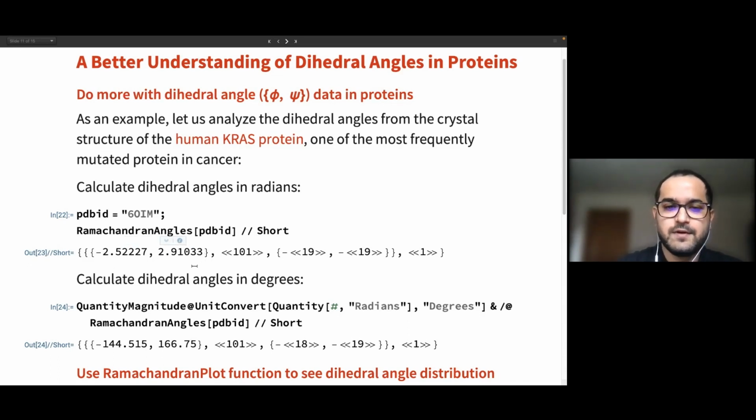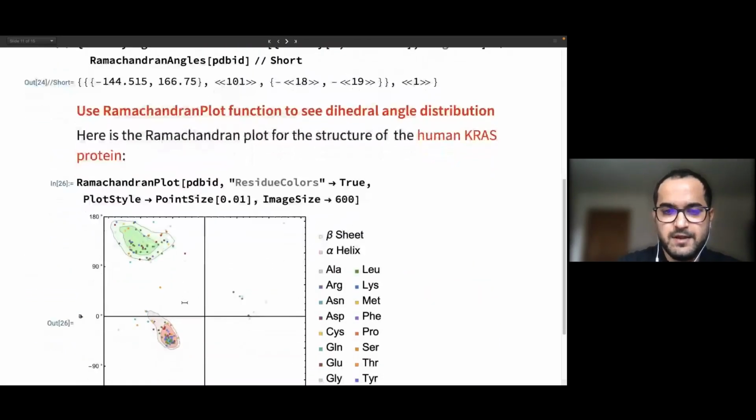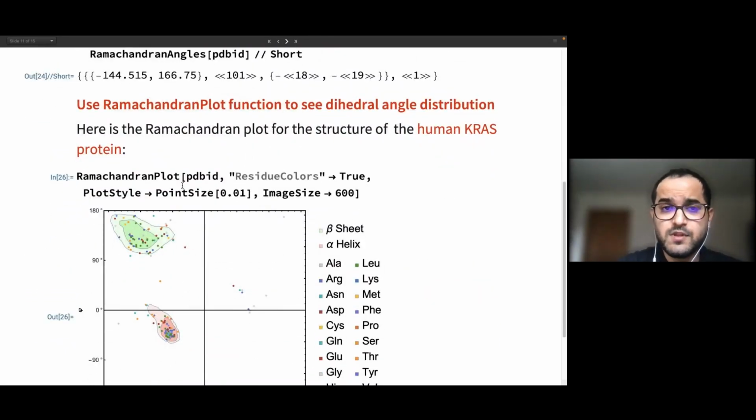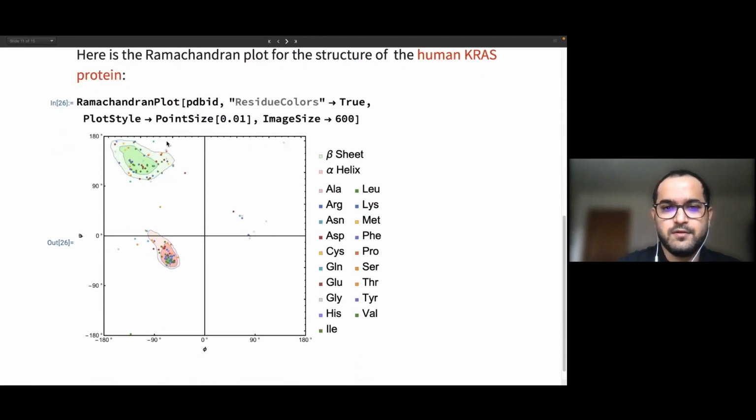When you use this function, you get the values of the dihedral angle pairs for each residue in radians. You can convert this into degrees, and you can see the distribution of the dihedral angles using the Ramachandran plot function.